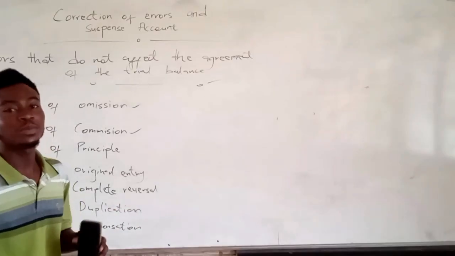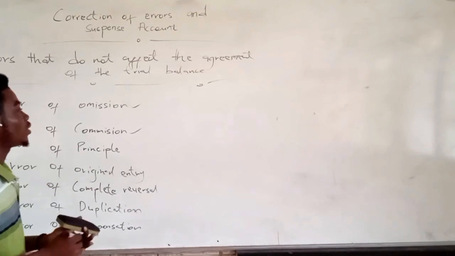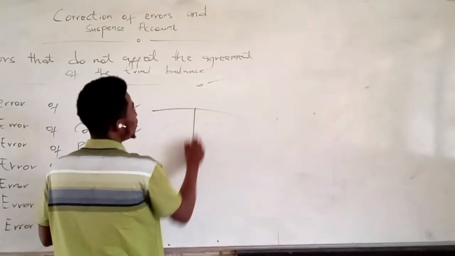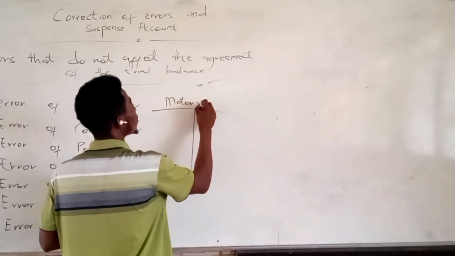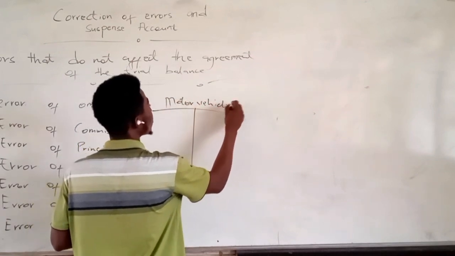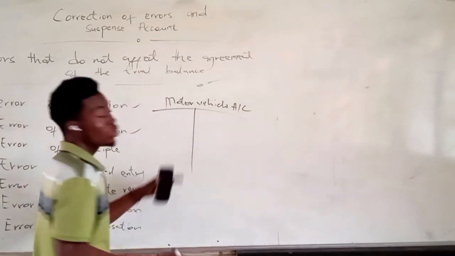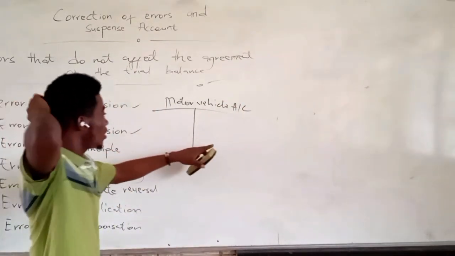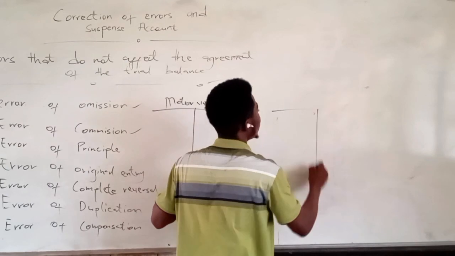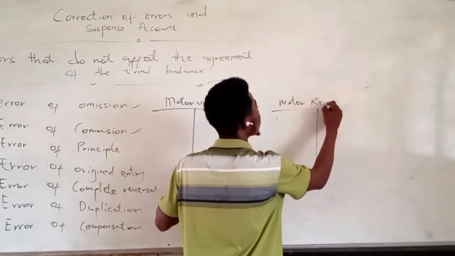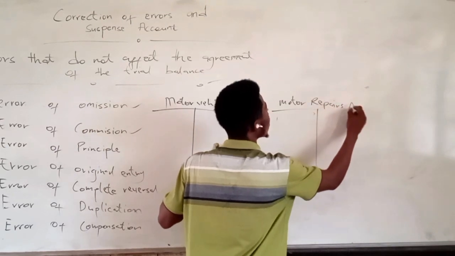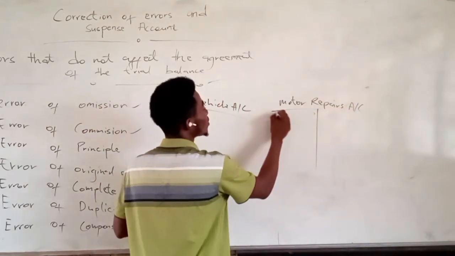So let's go to the error of principle. Let's say you bought a motor vehicle for $2,000, and then you recorded it to motor repairs, $2,000.